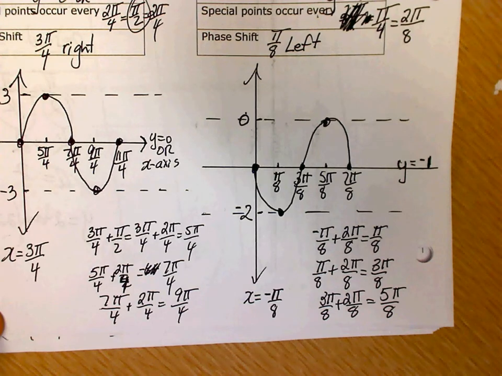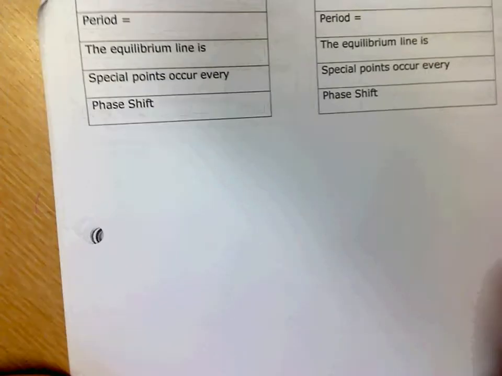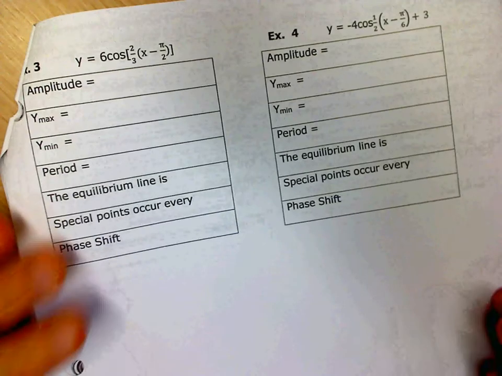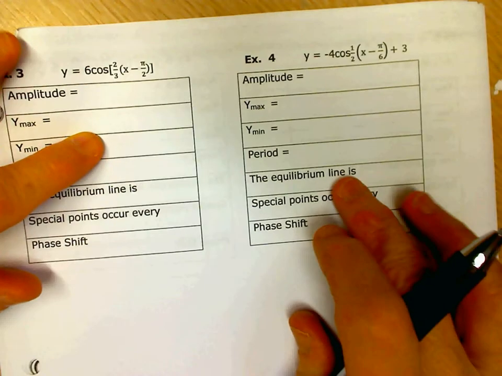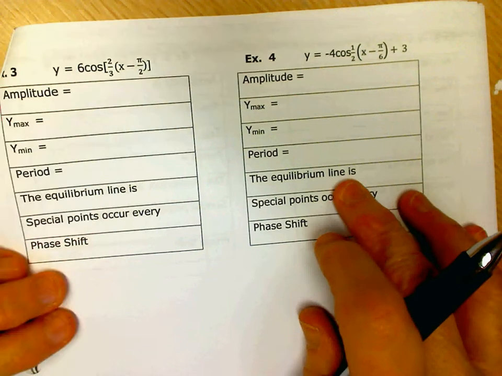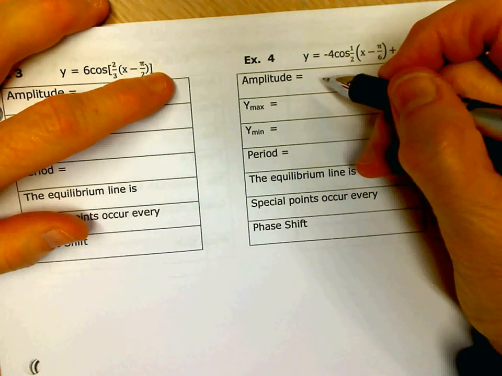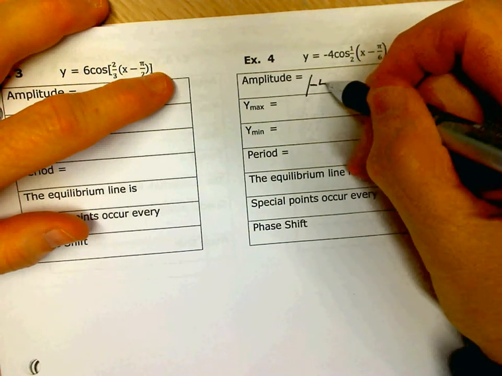Let's try a cosine. Okay. Which one would you like me to do? This one or this one? This one? Okay. Tell me, what is our amplitude? You tell me now. Which is 4.